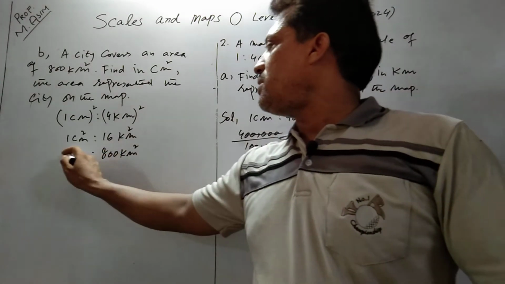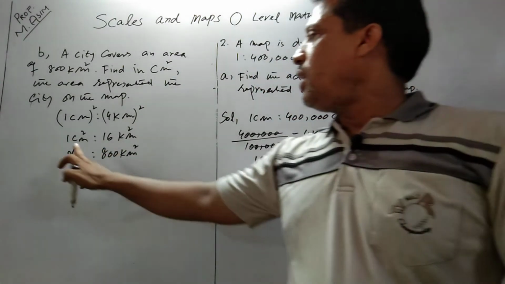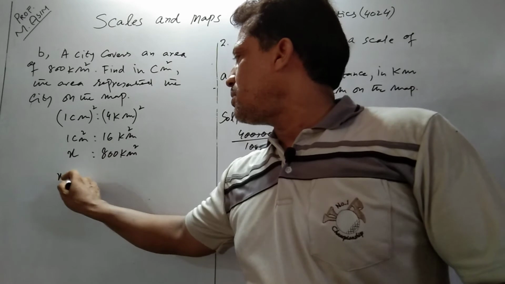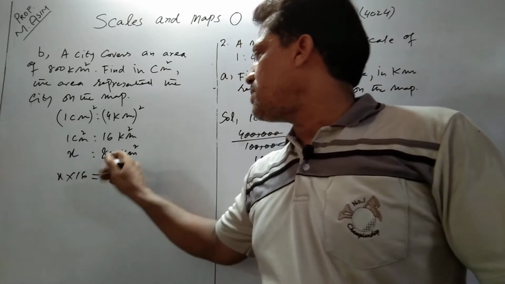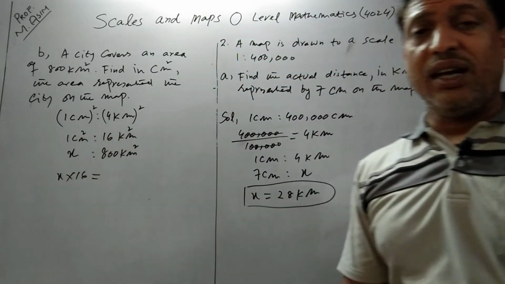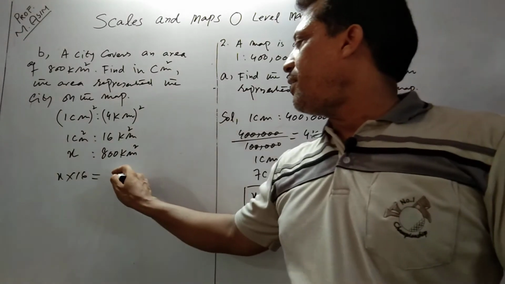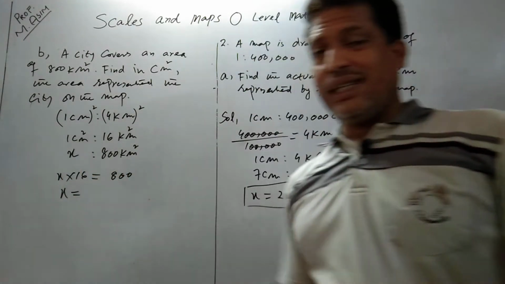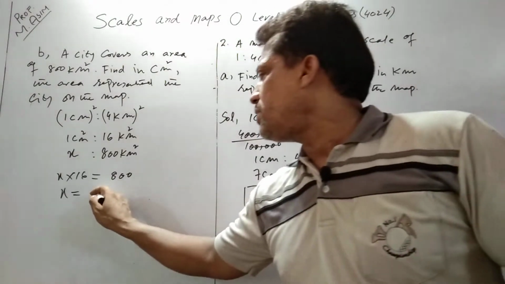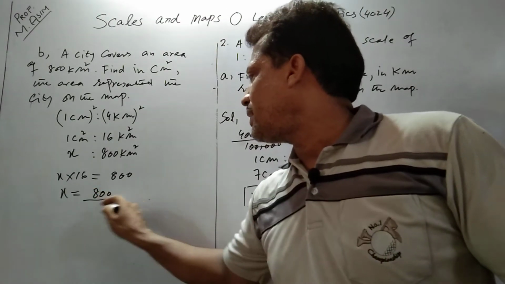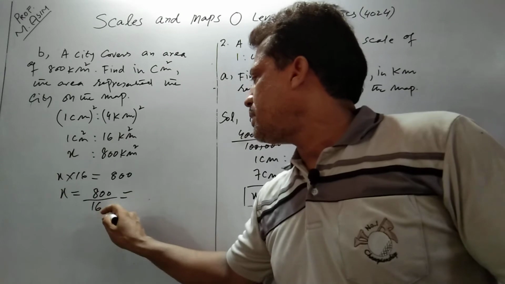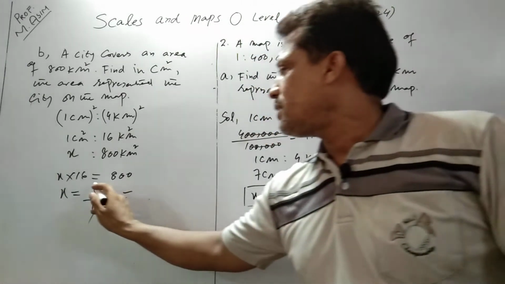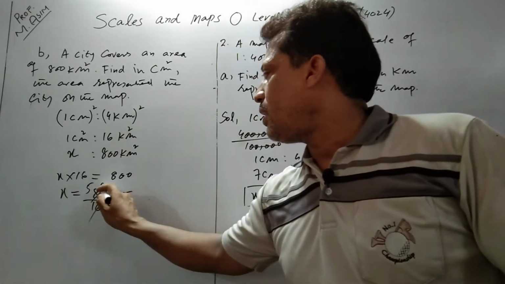So on the map it is X. So X multiplied by 16 is equal to 800 times 1, which is 800. So X is equal to 800 divided by 16, since this 16 is multiplied and should divide on the other side. 16 times 5 is 80, so 16 times 50 is 800.